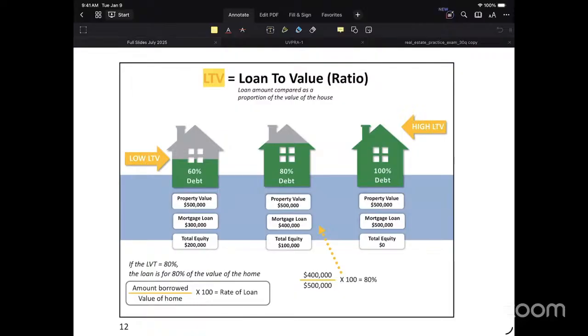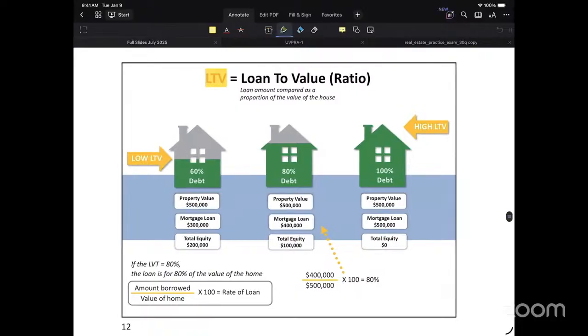So that's a high LTV. A low LTV might be, look, I pay half, I borrow half. The loan would be 50%. So if the value is 150 and I need to borrow 50%, then I need to borrow 75K.